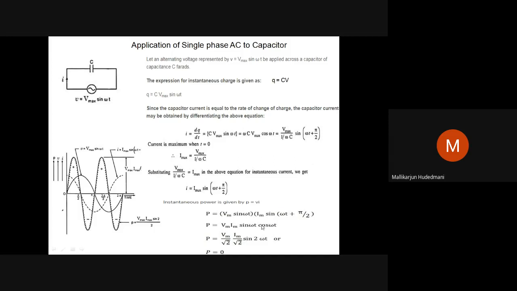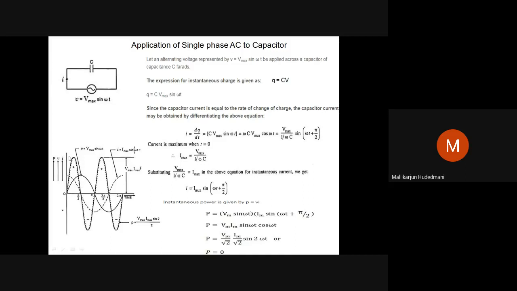To represent this, I consider 0, pi by 2, pi, 3 pi by 2, 2 pi. There are zero crossings of the wave. At omega t equal to 0, power is 0. At omega t equal to pi by 2, power is 0. In between, current and voltage are both in the upper half, so power is positive, vertically upward.